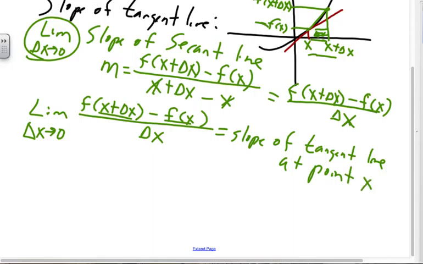All right? Now, this also happens to be the derivative, which is the first part of real calculus.